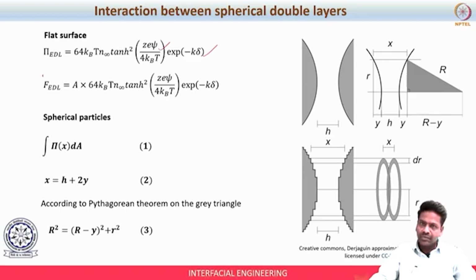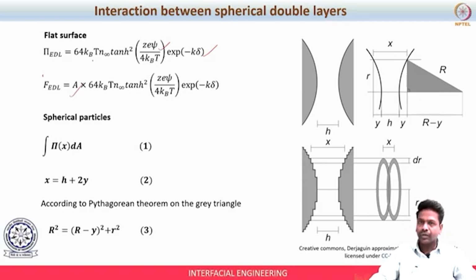Now, from the disjoining pressure, it is easy for us to calculate the electrical double layer forces between two planar surfaces. For that, we simply multiply this equation with the effective area. That is exactly what we have done.